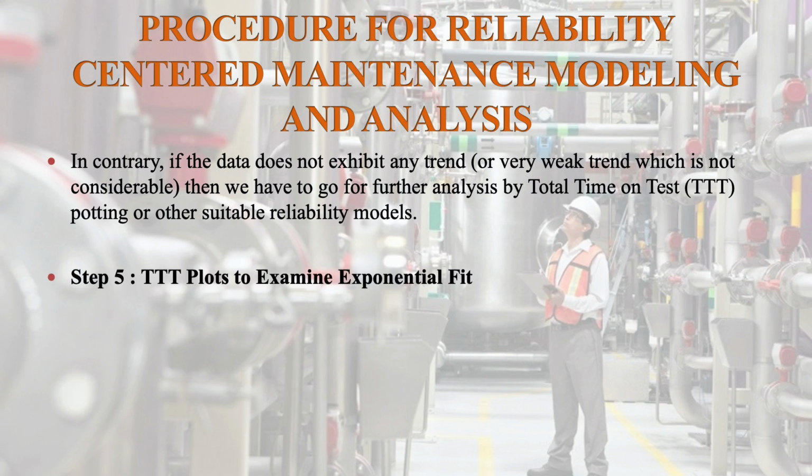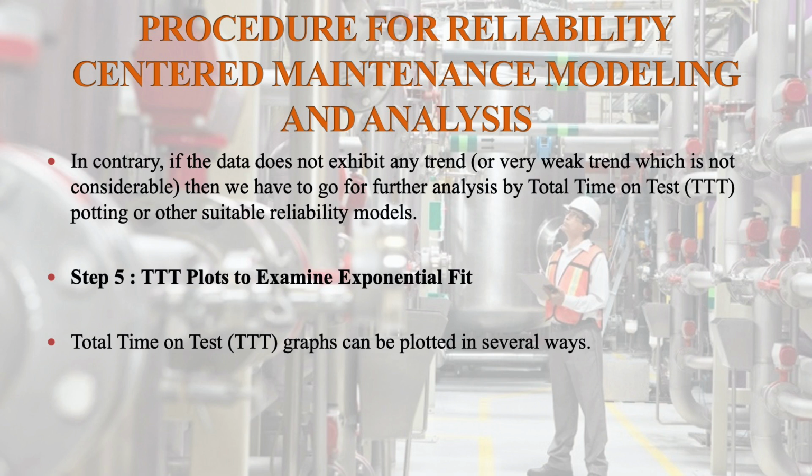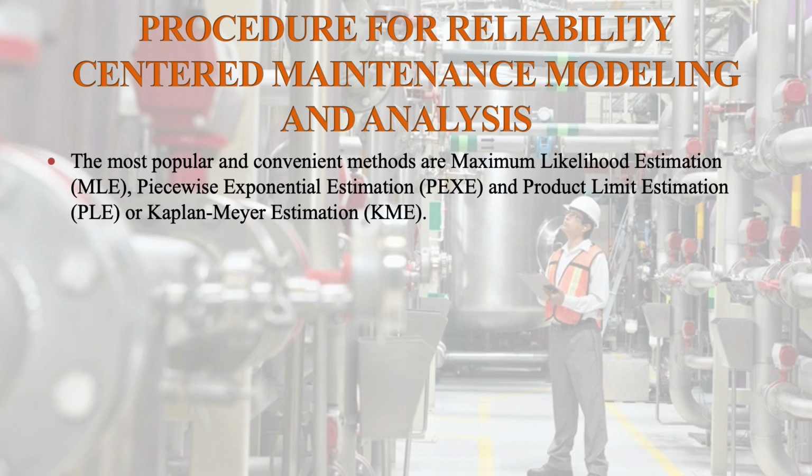Then step 5, TTT plots to examine exponential fit. Total time on test graphs can be plotted in several ways. The most popular and convenient methods are maximum likelihood estimation, piecewise exponential estimation, and product limit estimation or Kaplan-Meier estimation.